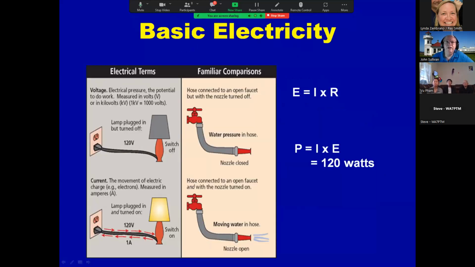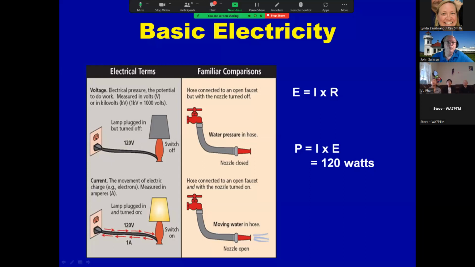Continuing with this analogy, you have a hose connected up to a faucet, and the nozzle is closed, but the faucet is open. Well, there's water in the hose, and there's pressure that would force the water out. But as long as that nozzle is closed, nothing happens. Similarly, with an electrical system, here's an example of a lamp plugged into an outlet.